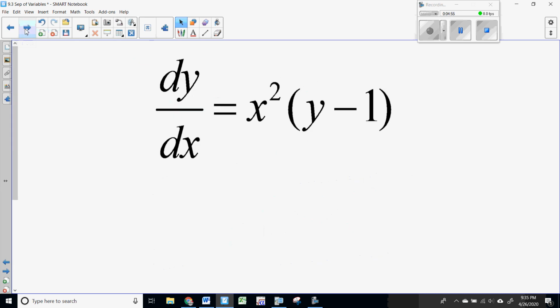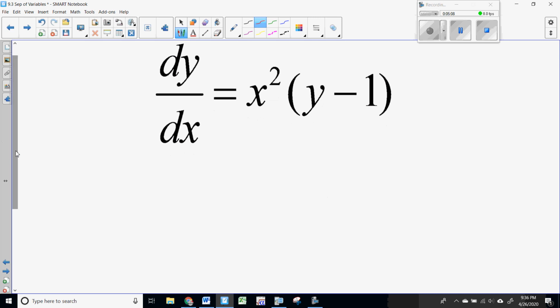Let's do another one. dy/dx is x squared times y minus 1. So step 1, separate the variables. If I divide by y minus 1, I get 1 divided by y minus 1 dy.